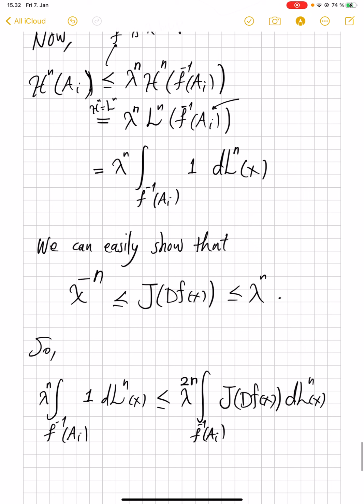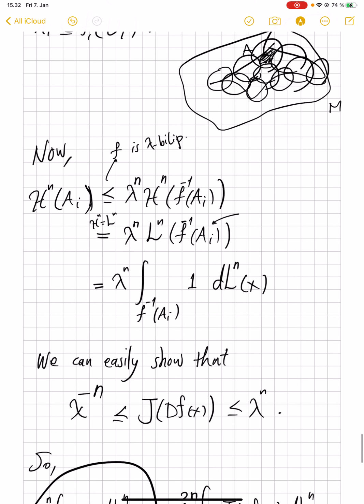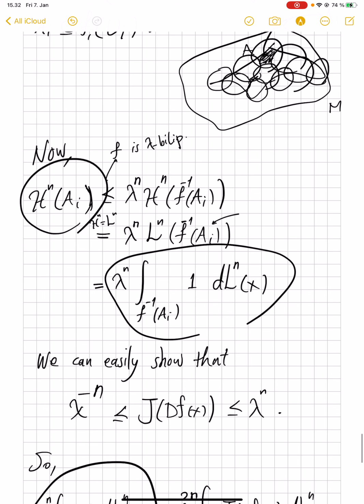Yeah, so I replaced 1 by lambda to the power n times the Jacobian of df_x, thanks to the last inequality that we had. Okay, so I have this less than that, and this less than the one there.